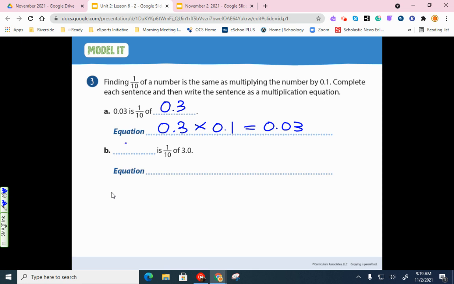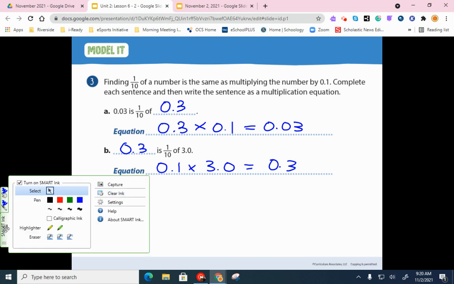And then we also know that 3/10 is 1/10 of 3. So if we do 1/10 times 3, 3.0, that will equal 3/10 right up there. So kind of interesting how that works. All right, go ahead and turn the page.